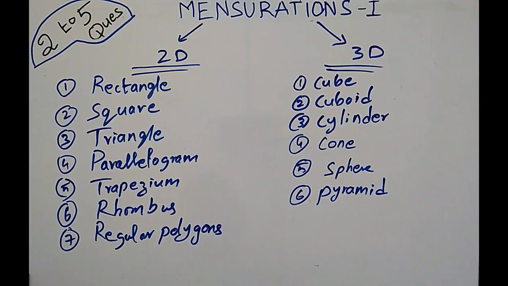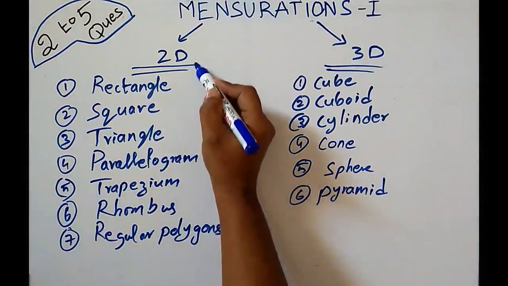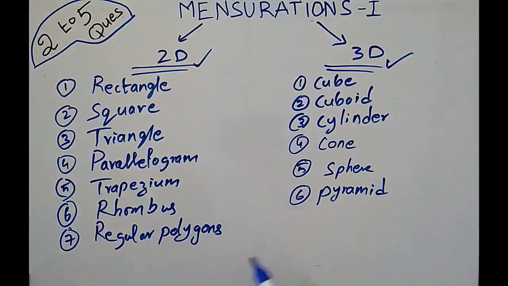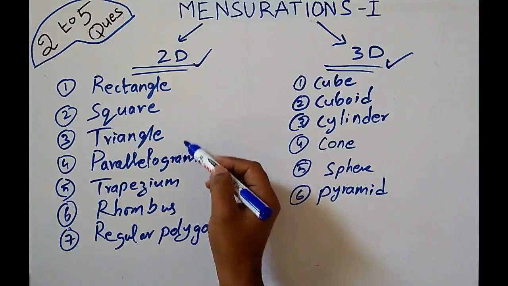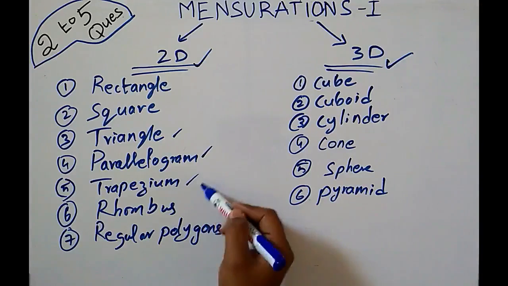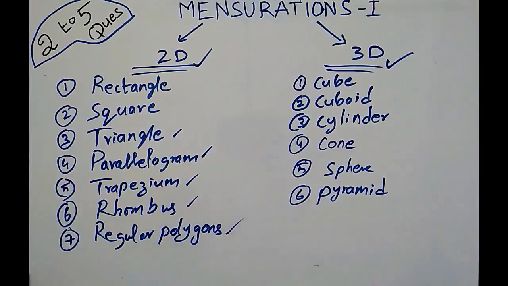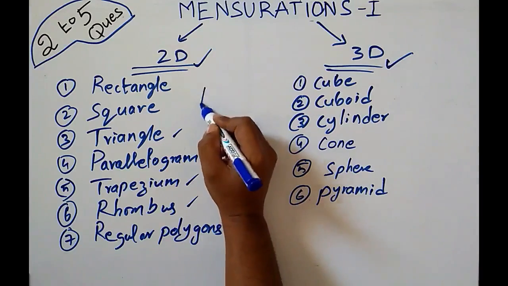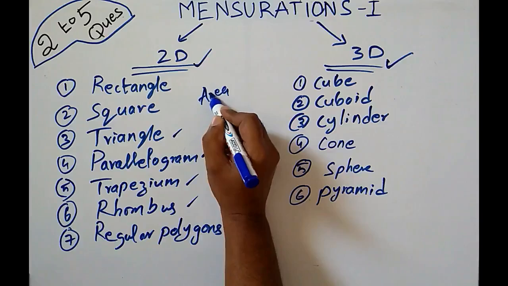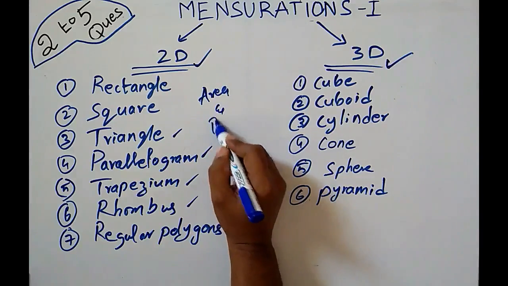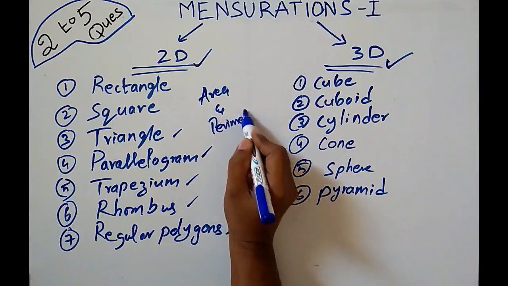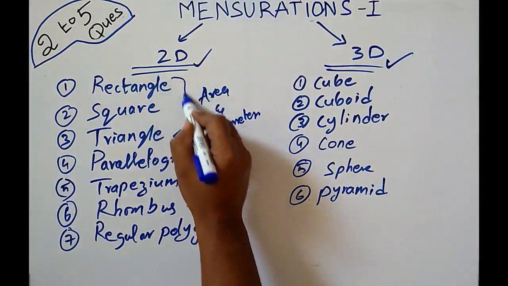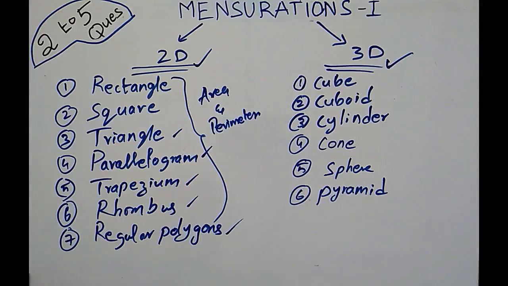Look into the topics. We have 2D figures and 3D figures. In 2D figures we have rectangle, square, triangle, parallelogram, trapezium, rhombus, regular polygons. And what we are going to find in mensuration is the area and perimeter for these 2D figures.